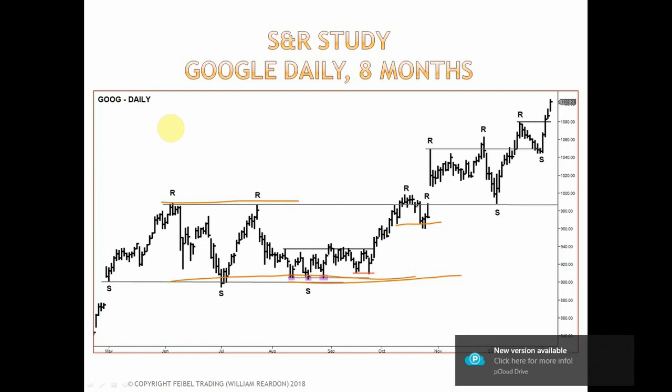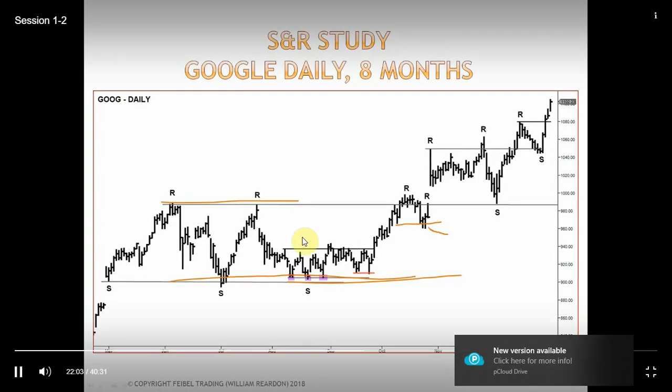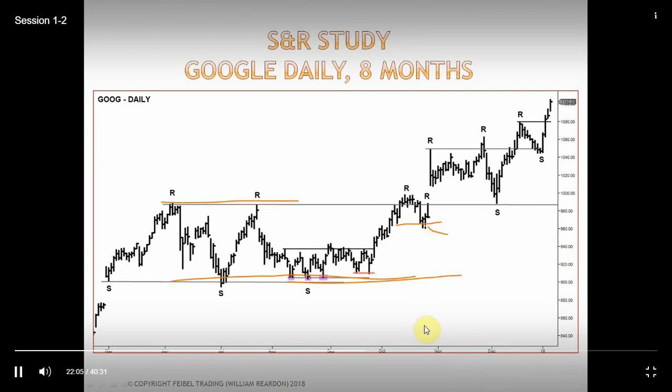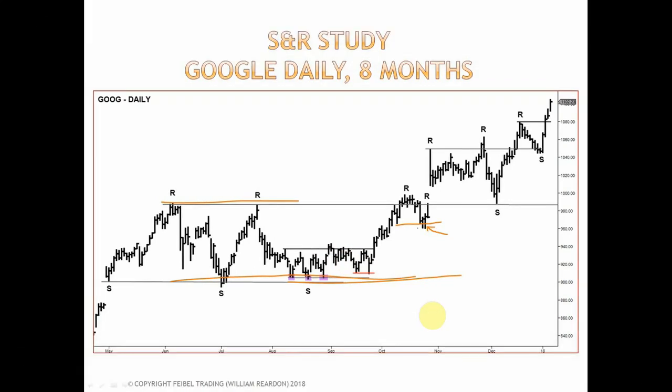Now, this local level would not be drawn until this bar, the third bar. This bar has been printed, which we say, bear with me, so that we draw in after this bar has closed, and that is what we would call a local level of support. Now, this is not a local level.